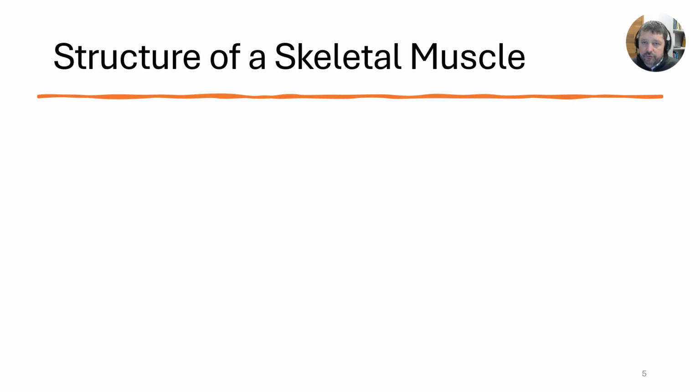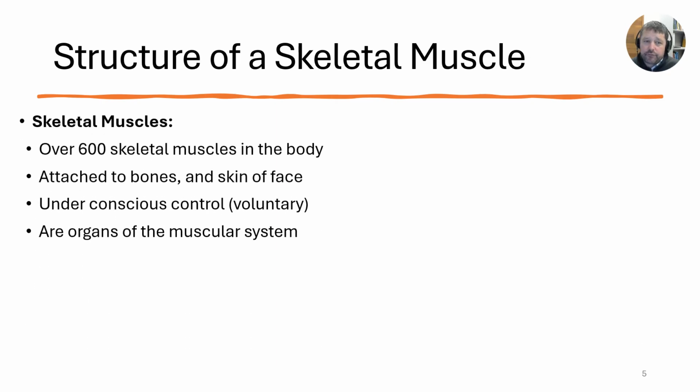All right, let's look at the structure of skeletal muscle. Some of these terms are going to be complex, but we'll break them down. And it's important because a lot of disorders and diseases are associated with certain features of the muscle and how it might fire. Okay, so first of all, skeletal muscles, there's lots of them. Okay?